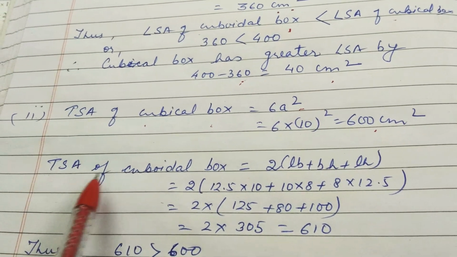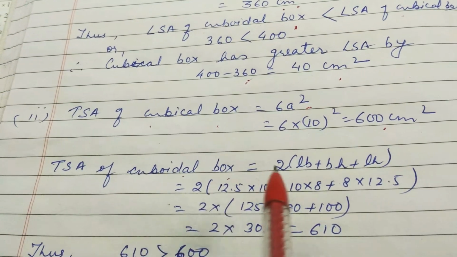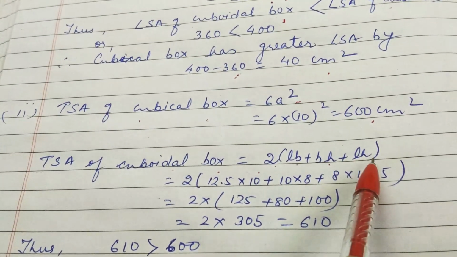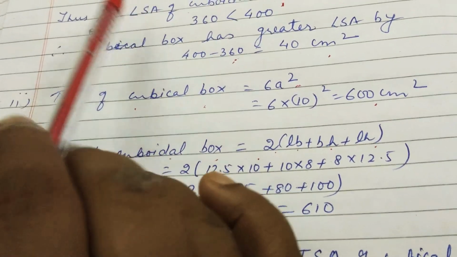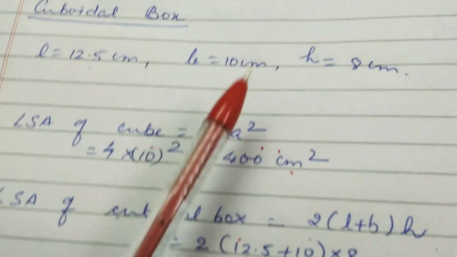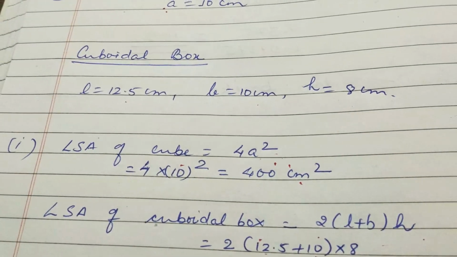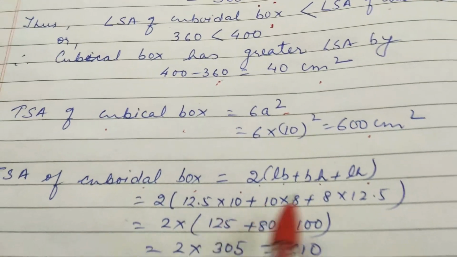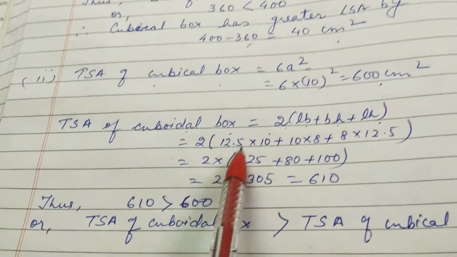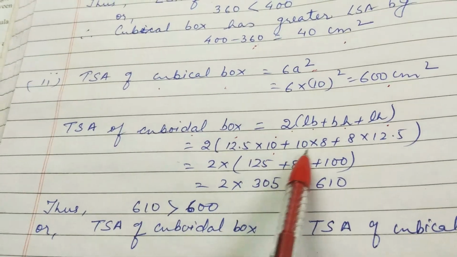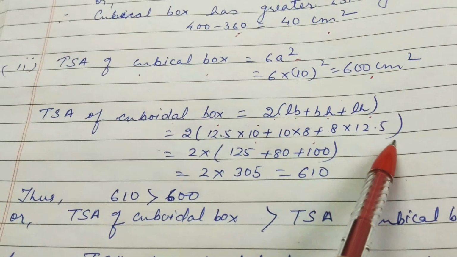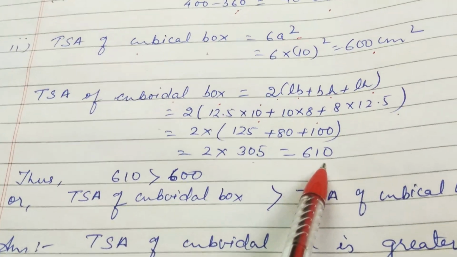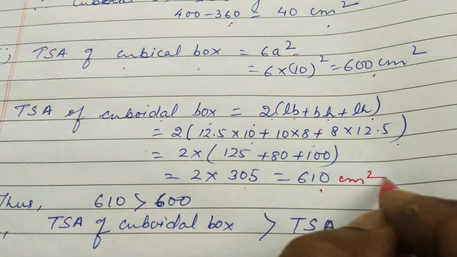Now the total surface area of cuboidal box is given by the formula 2 into (LB plus BH plus LH). Now we know L, B and H are given, 12.5, 10 and 8 centimeter. So we will put these in this formula. When you put it, you will get 2 into (12.5 into 10 plus 10 into 8 plus 8 into 12.5). So you just calculate it, you will get it as equal to 610 centimeter square.